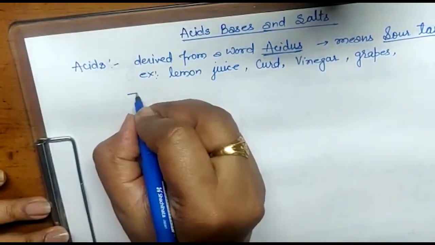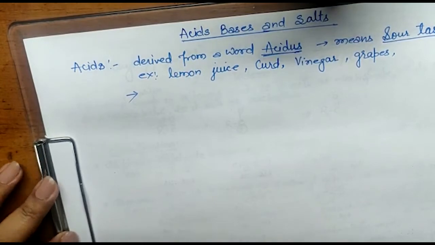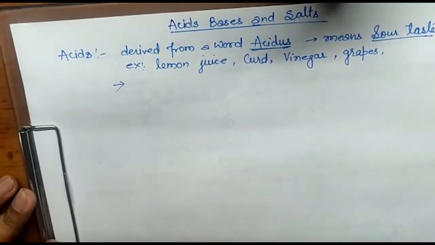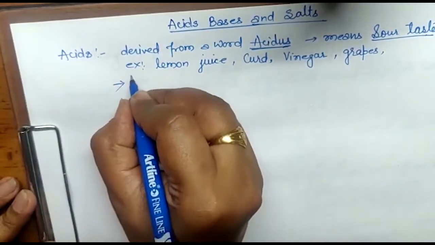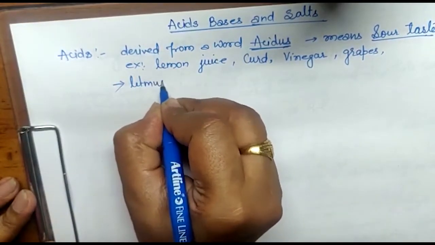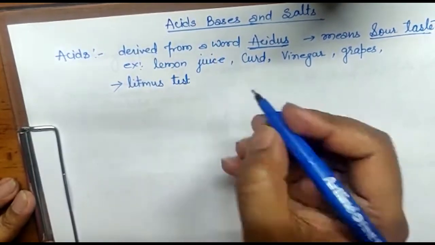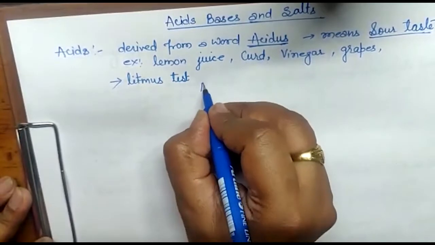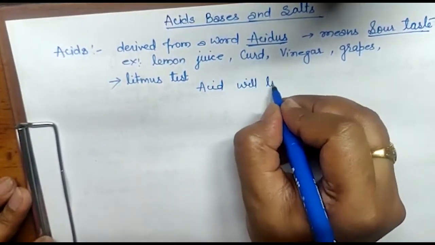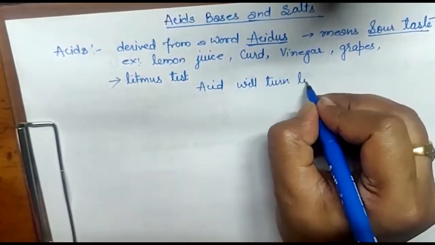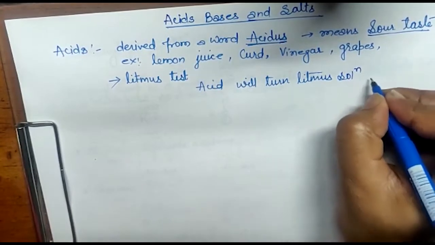And the second thing, if we have to identify whether the given example is an acid or not, we have to do the litmus paper test or pH test. Litmus solution test and litmus paper test both are there. So in the litmus test, if we add acid, it will turn the litmus solution into red.